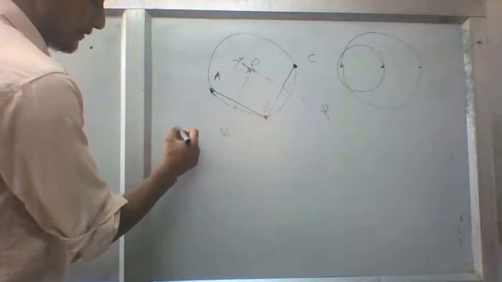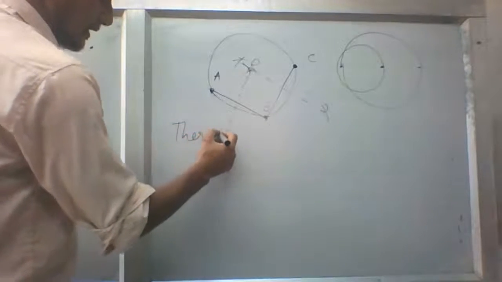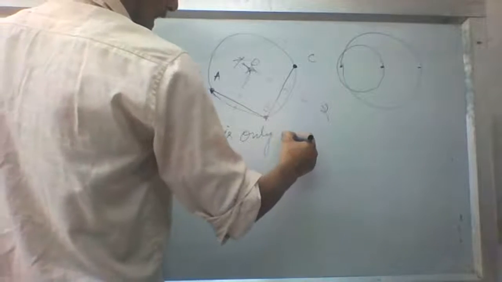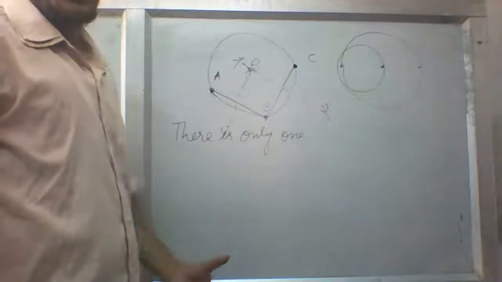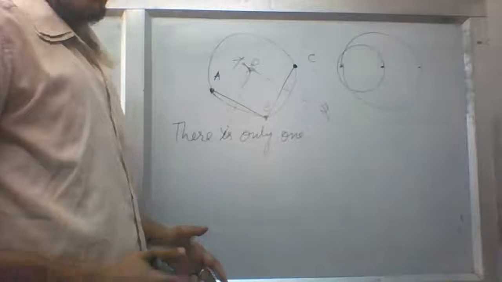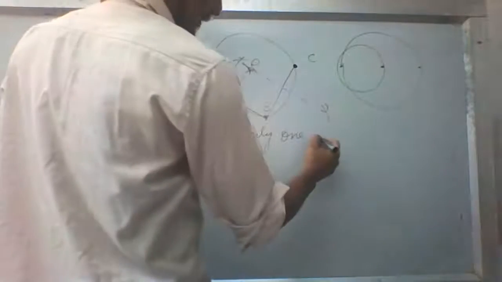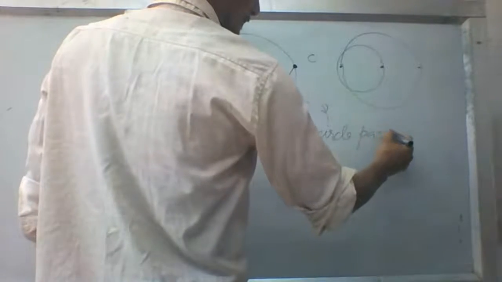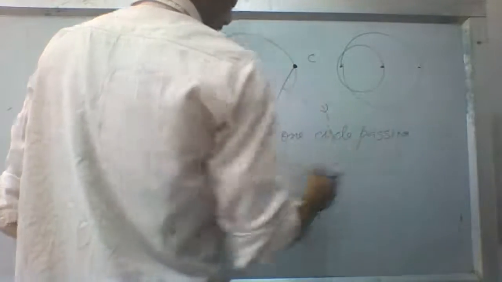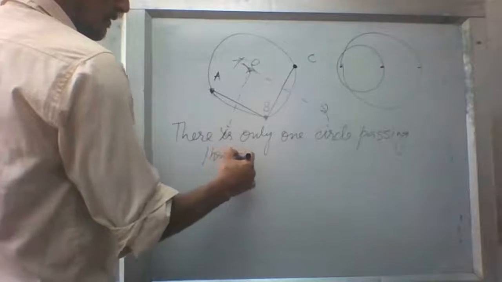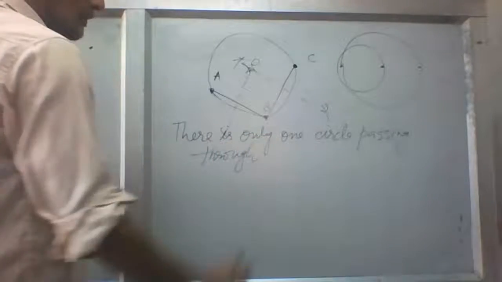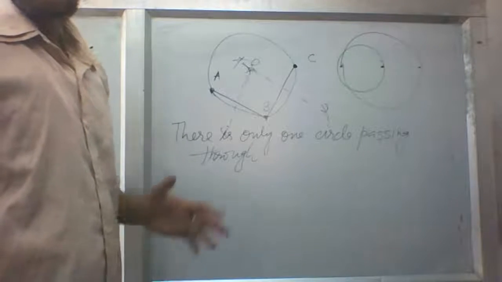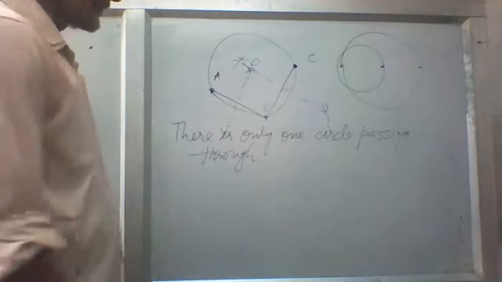That theorem is: there is only one circle passing through three given non-collinear points.